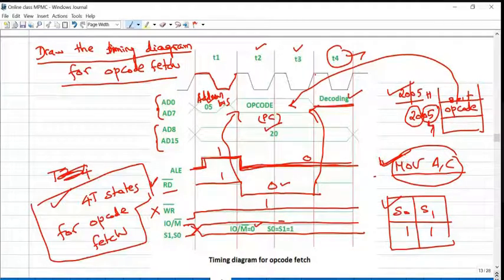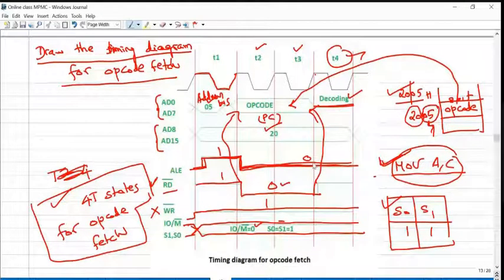Understand? I'll give one example. To execute the MOV A, C instruction, the processor needs only 4 T states to complete this operation. During T1 state, ALE must be high. For the remaining 3 states, ALE must be 0.